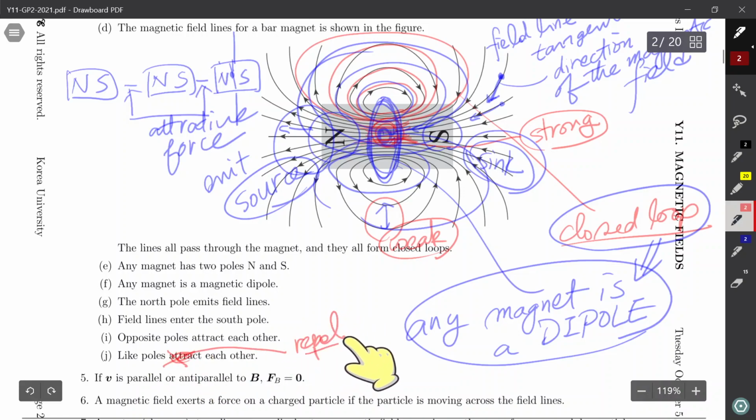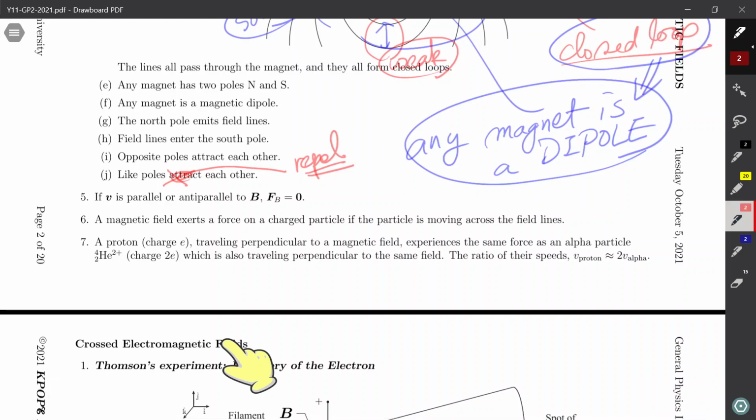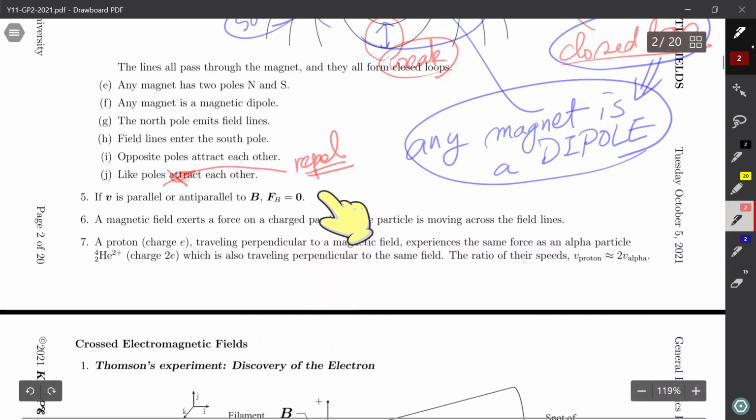Repel each other. If V is parallel or anti-parallel to B, then the magnetic force disappears. A magnetic field exerts a force on a charged particle if the particle is moving across the field lines. If the velocity is zero, sure, the magnetic force disappears.